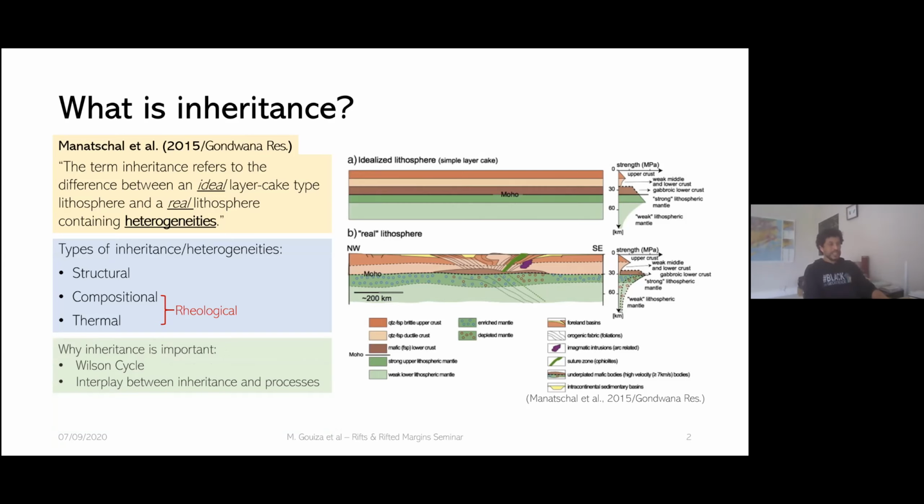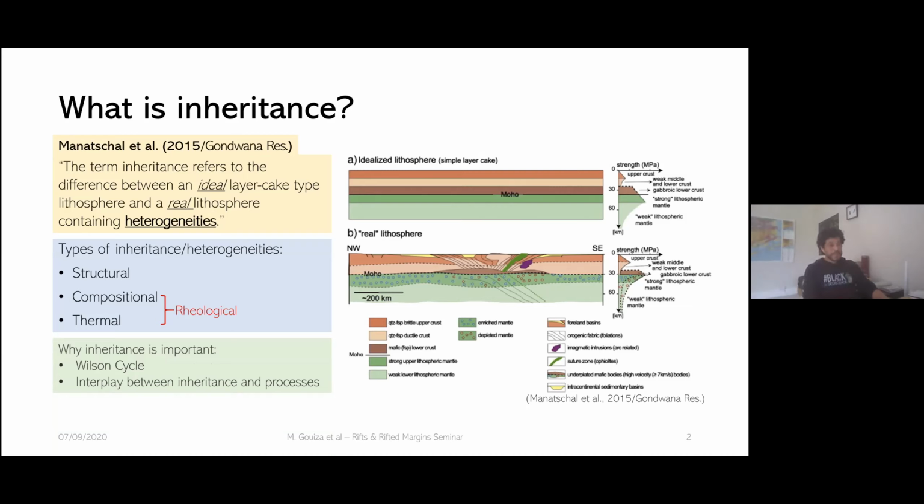And obviously inheritance and heterogeneities are important for the obvious reason of the Wilson cycle. We know that all orogens are doomed to fail at some point and collapse. That sets the scene for extensional events which lead to the development of rifts, and if successful, rifted margins and the opening of oceans.